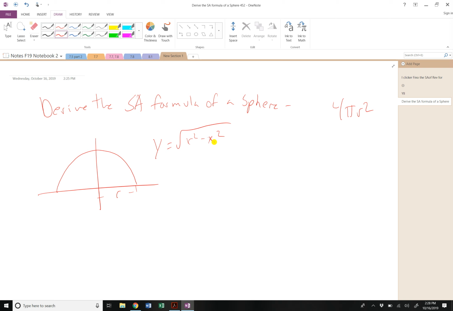Those of you spinning it around the y-axis, you can still integrate with respect to x.